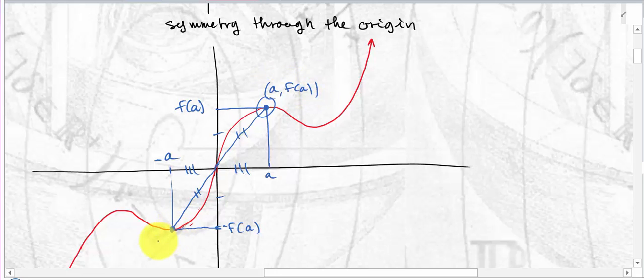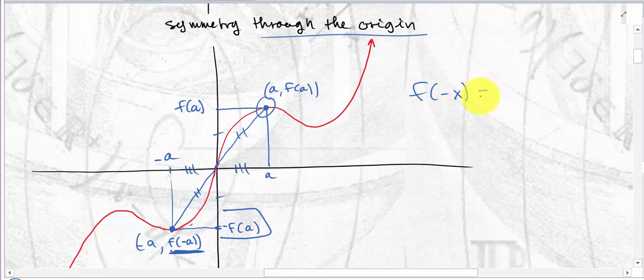The coordinates of this point: it's the opposite of a, and the output is f at the opposite of a. So if we do have the symmetry, we expect that f of negative a equals the opposite of f of a. When we have a symmetry through the origin, we want f of negative x to be equal to the opposite of f of x for any x in the domain of the function.